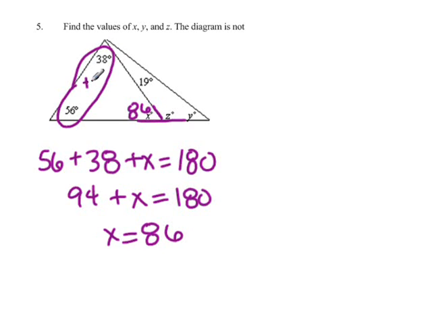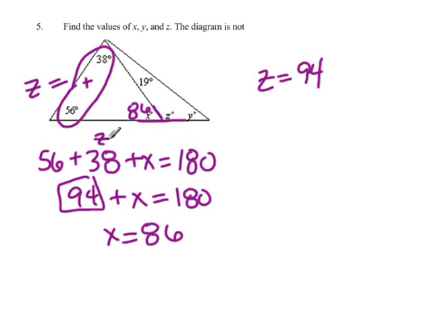So if I add these two together, that is what z equals. We've already found that to be 94. So z equals 94, the sum of 56 and 38. So we could actually say from the beginning z plus x equals 180.